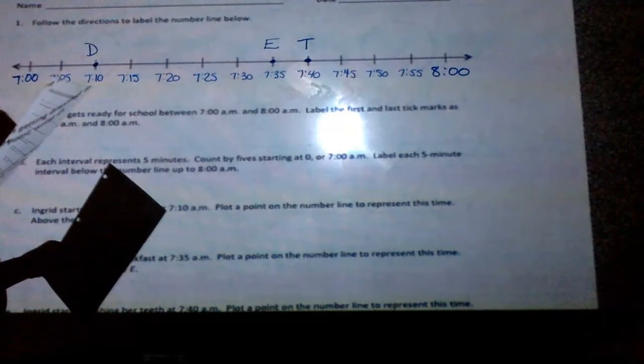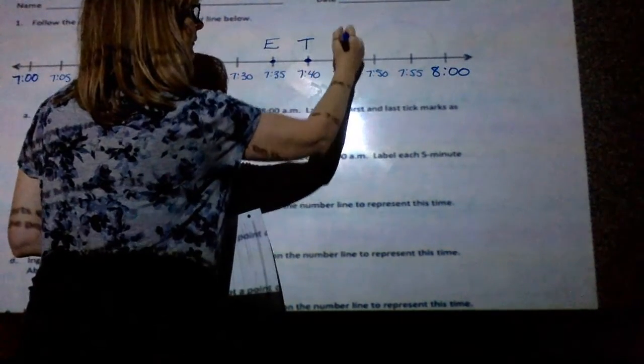At 7:45, she packs her lunch. L for lunch, 7:45. She's moving faster. She waits for the bus at 7:55.